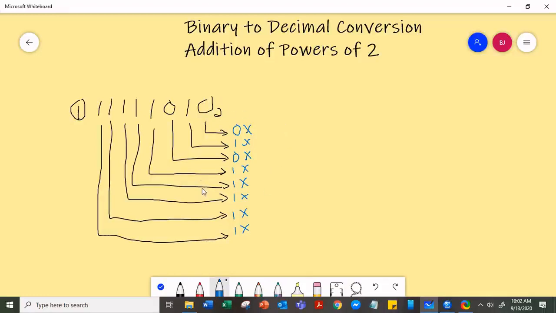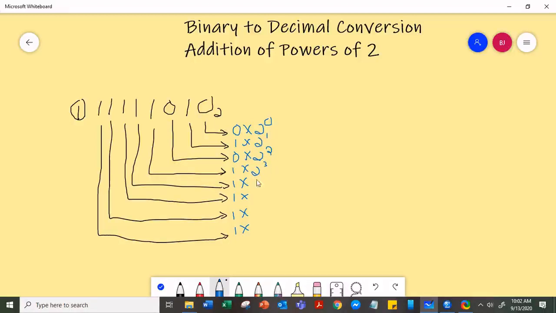So this first position has a value of 2 raised to 0. Second digit is 2 raised to 1, 2 raised to 2, so on and so forth.